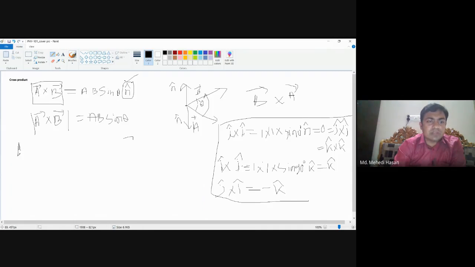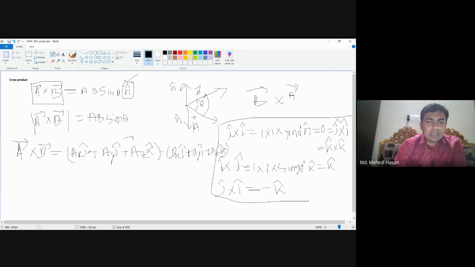One is the normal mathematical way, like a cross b equals (ax i + ay j + az k) cross (bx i + by j + bz k).